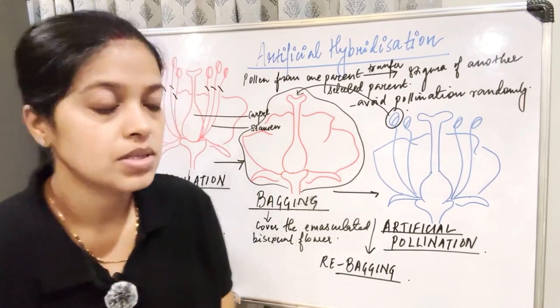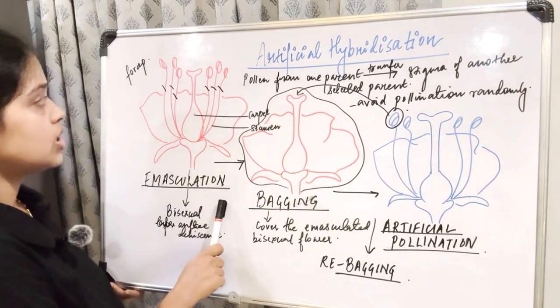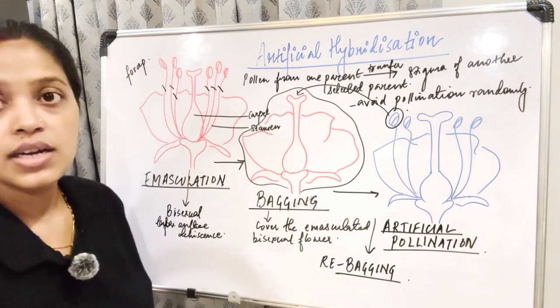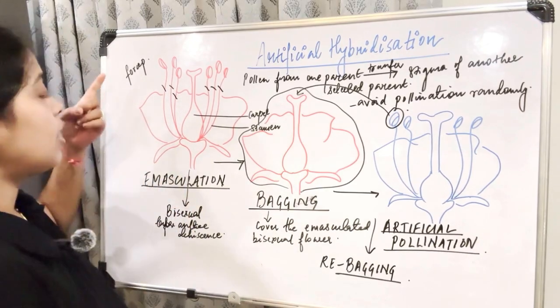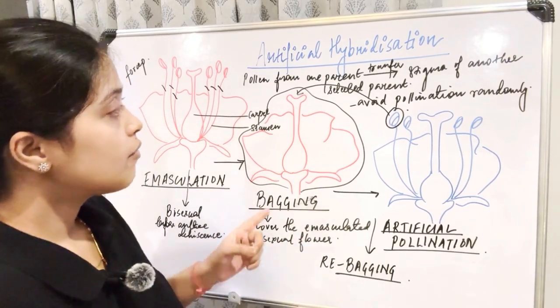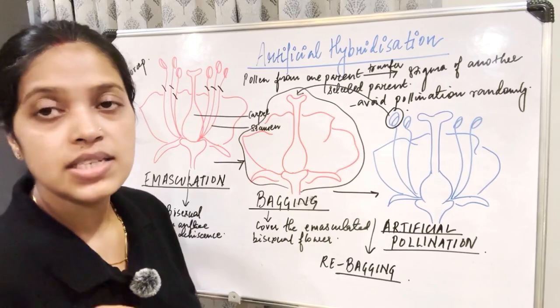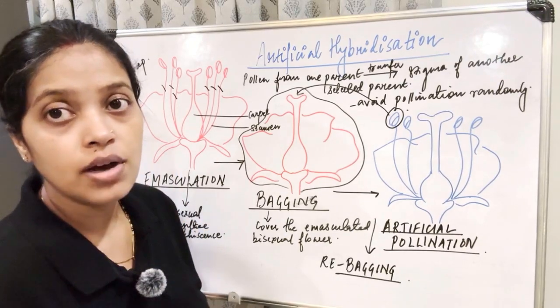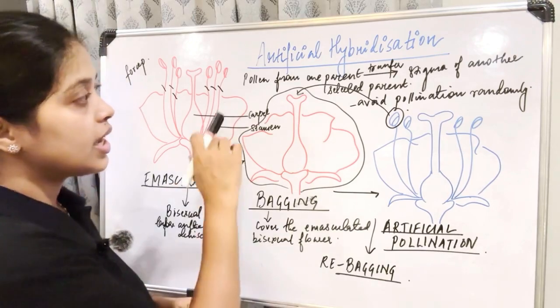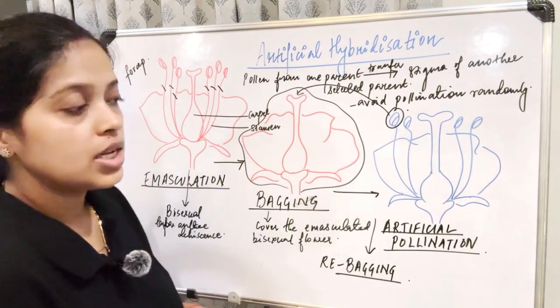So this is how artificial hybridization is done. There are three steps. First is emasculation, the removal of the stamen before anther dehiscence takes place, with the help of forceps. Next is bagging, where we cover the emasculated bisexual flower with a butter paper bag to prevent any random pollination.